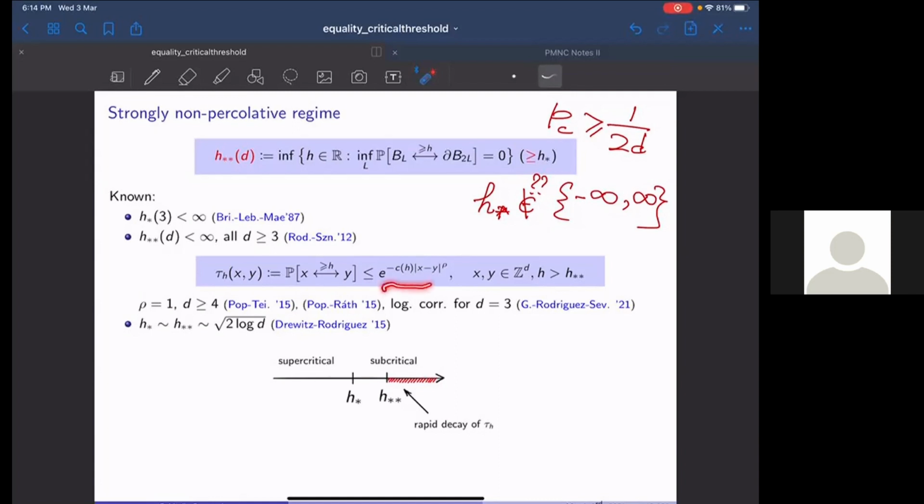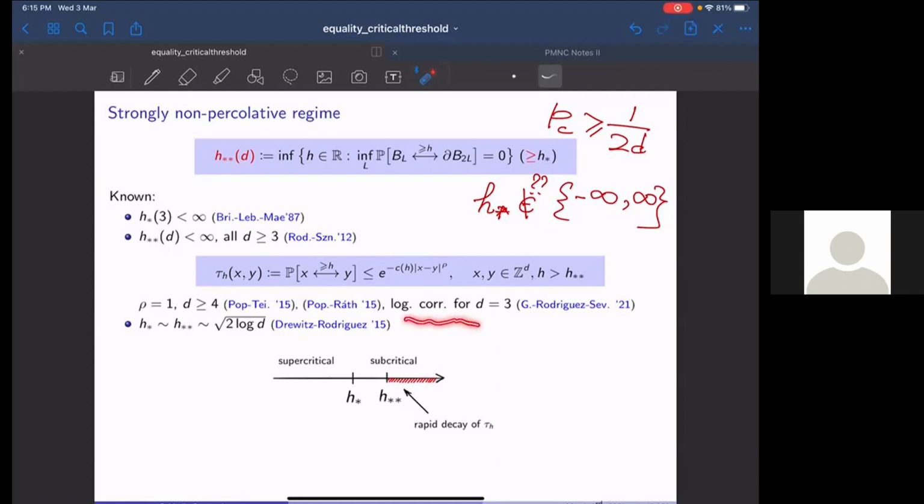So it means that, well, maybe not logarithmic, but the biggest open clusters in a finite box would be polylogarithmic in size. These exponents were understood much better in subsequent works. For example, it is known that it's actually exponential decay in dimension 4 and higher. Finally, in dimension 3, it's more nuanced.